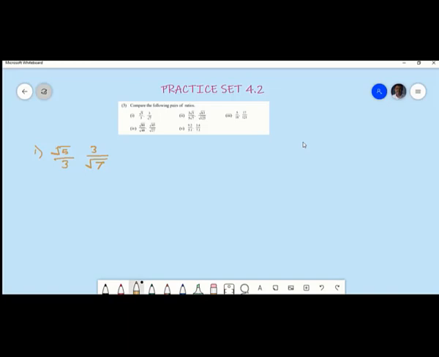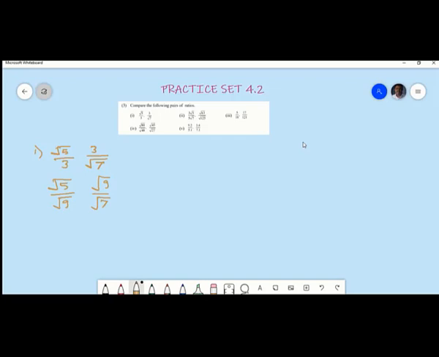Root 9's value is 3. So we make like terms: root 5 upon root 9, since root 9 means 3, and root 3 upon root 7. These are the like terms.